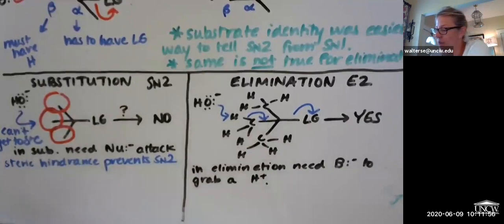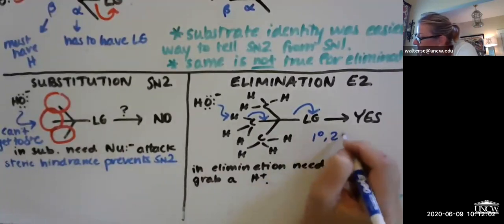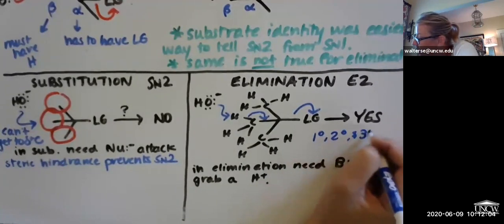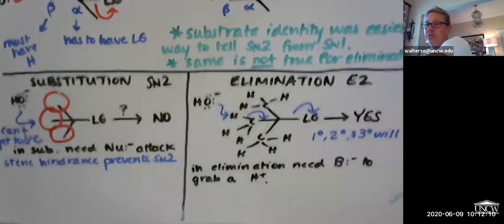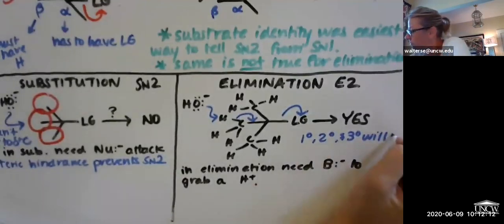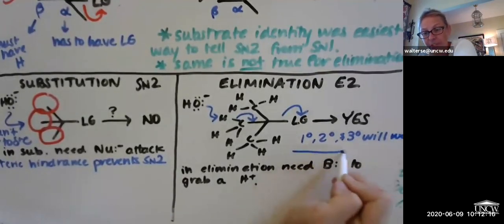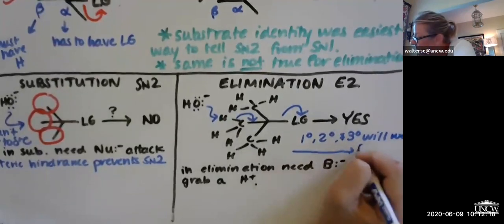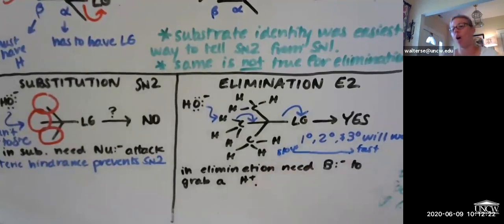So when it comes to E2 eliminations, primary, secondary, and tertiary will work. And actually, the rate increases in this direction. These are fast eliminations. These are slower. And all it has to do with is the number of hydrogens available.